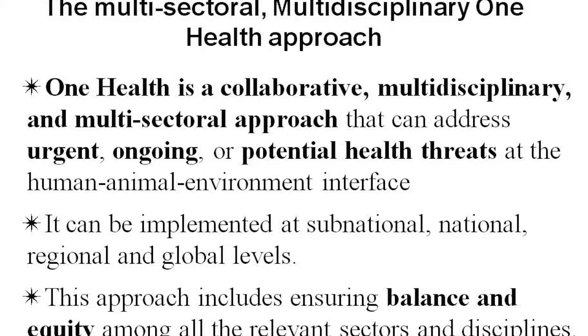This approach to surveillance of zoonotic disease is collaborative and can address urgent, ongoing and potential health threats at the human-animal-environment interface. It can be implemented at national, subnational and regional levels, and includes ensuring balance and equity among the different sectors involved in the surveillance.